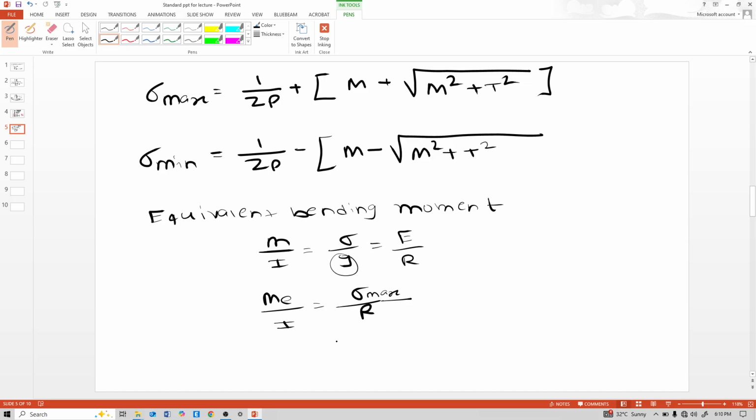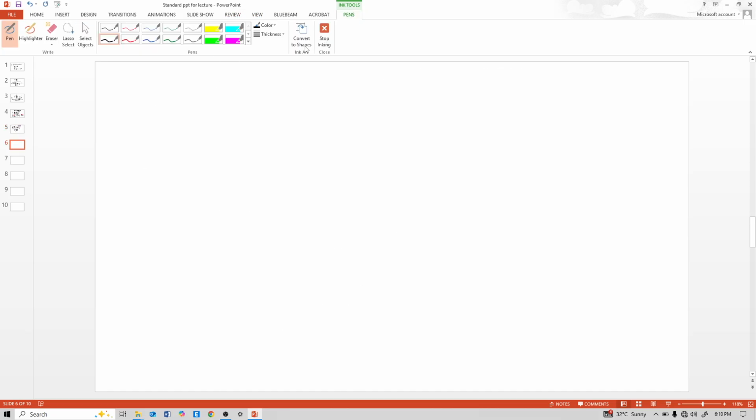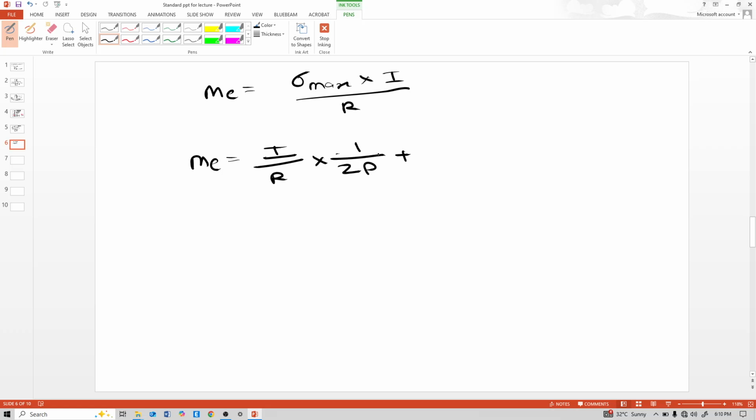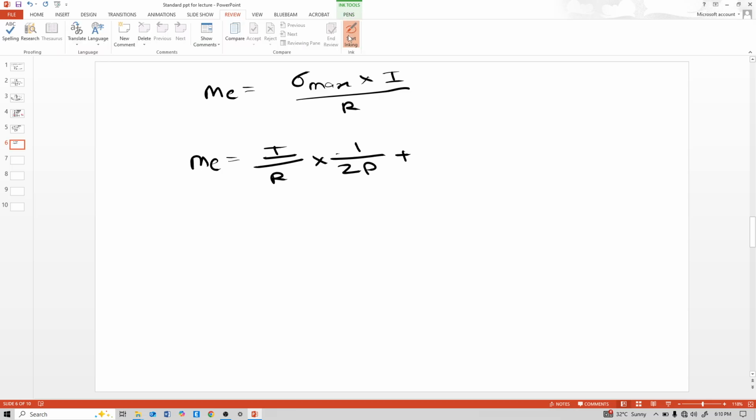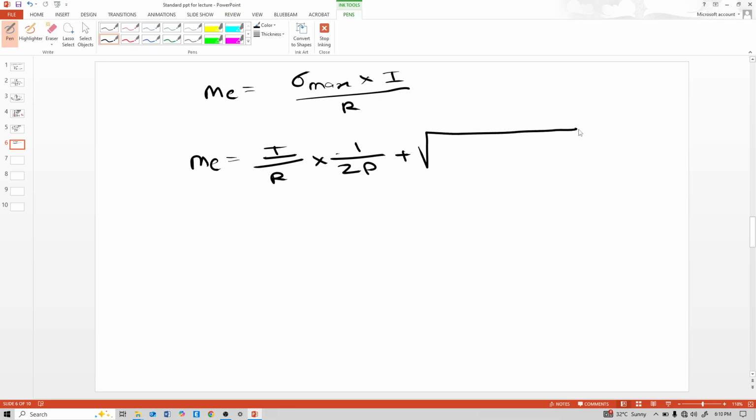Now Me is equal to sigma max multiplied by I divided by R. So the equivalent bending moment is equal to I by R multiplied by sigma max, which is 1 by Zp into M plus root of M square plus T square.